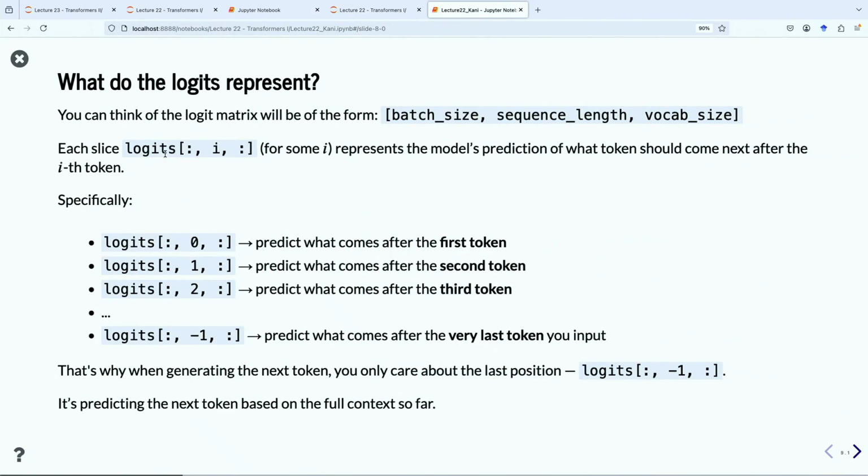Well, each logit at each place i represents the model's prediction of what token should come next after the ith token. So the logit vector at position 0 represents what should come after the first token.